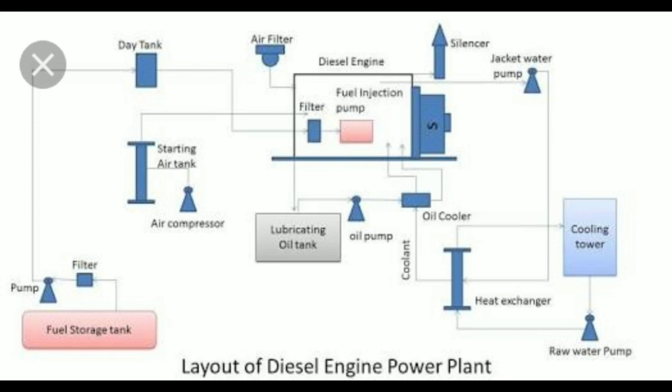Air and fuel combine in the diesel engine and ignition takes place, and power is generated. Then the crankshaft is connected to the generator, and the generator generates electricity from the mechanical work produced by the diesel engine. The exhaust gas comes out from the silencer and leaves into the atmosphere.